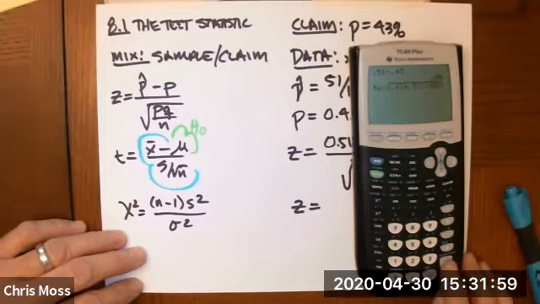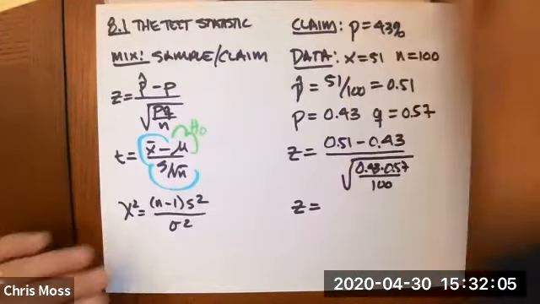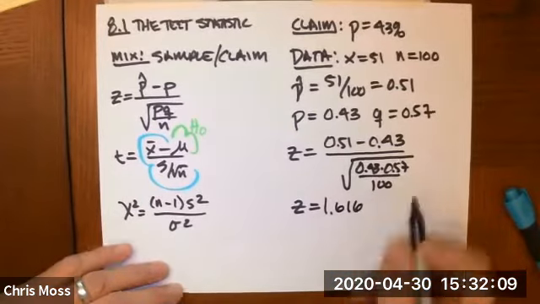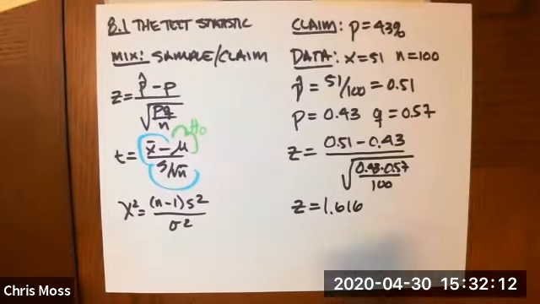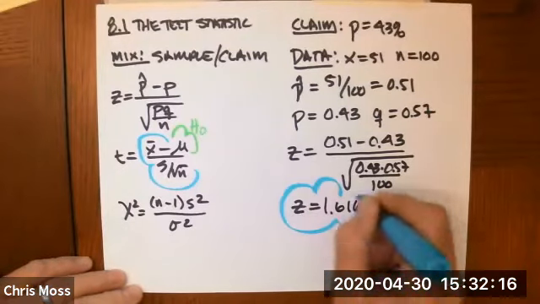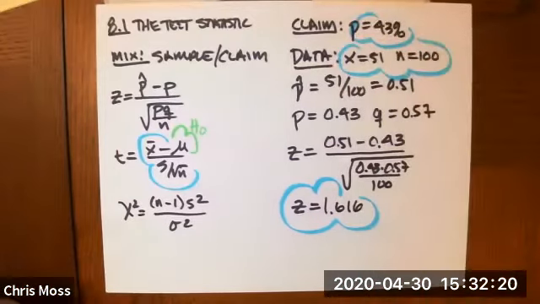I can just hit enter, and I've got a z-score of 1.616. So there is the test statistic for this claim and this data set.